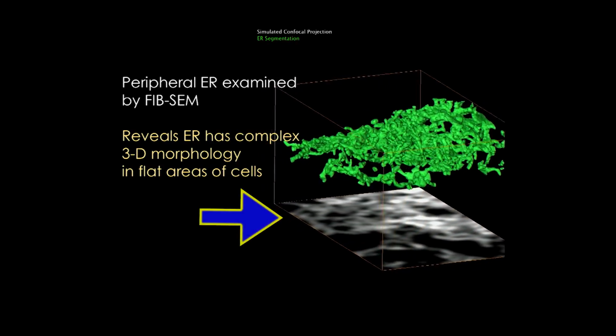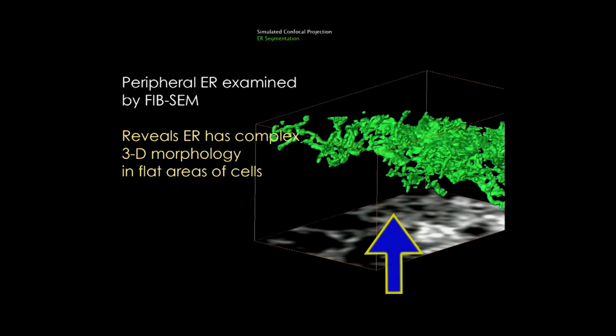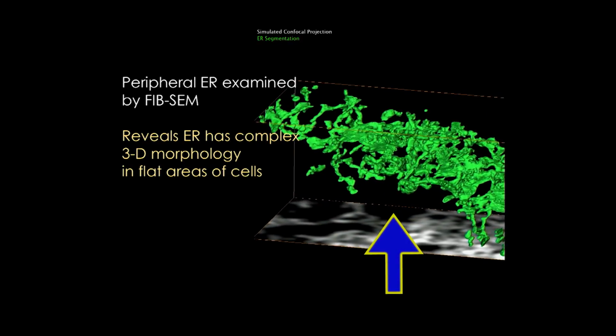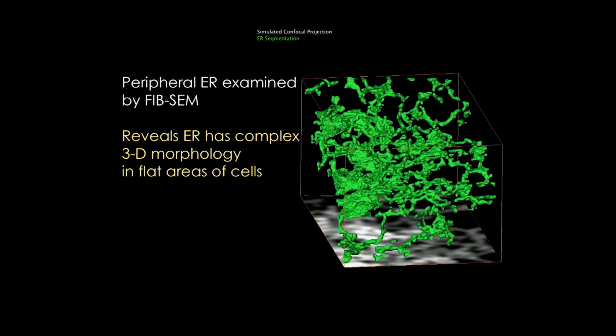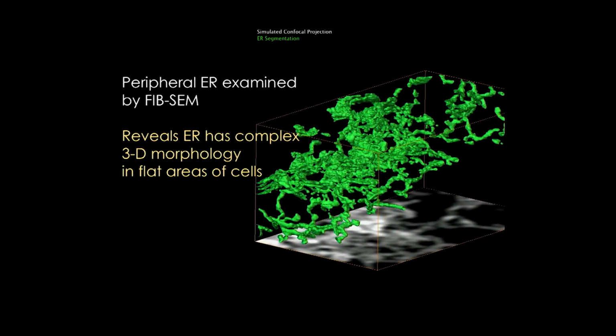In this panel right here, what you're looking at is the confocal volume that we've sliced in what you would see if you were using a confocal microscope. So you can see there's a huge difference between the reality of this organelle as revealed by imaging at this very fine three-dimensional architecture versus the typical image that you would get if you were using conventional confocal microscopes.